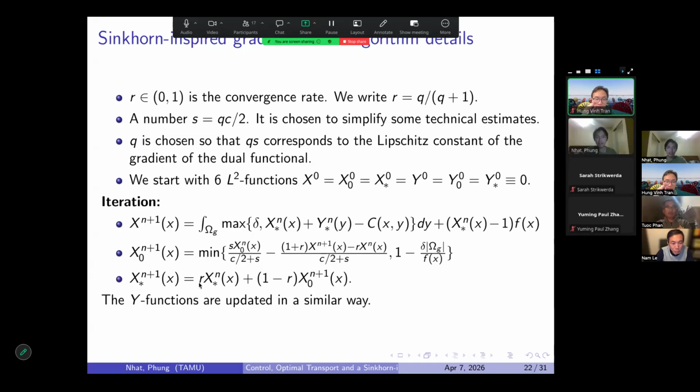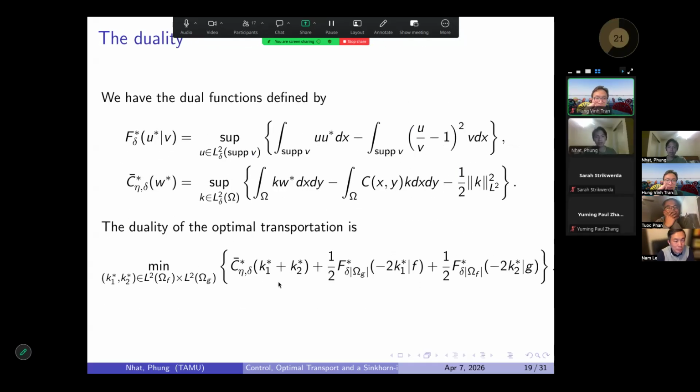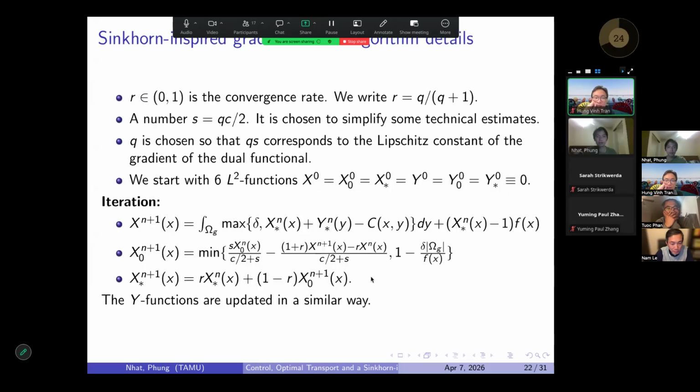So it's a little bit technical why it has this form, but it's basically coming from this dual formulation, and then we try to make the gradient zero. Of course, y will have the same update. The output of our algorithm will be x zero in here, and also y zero if we also update it.